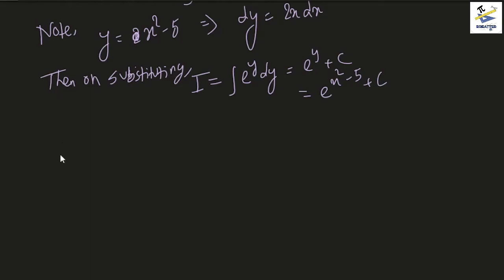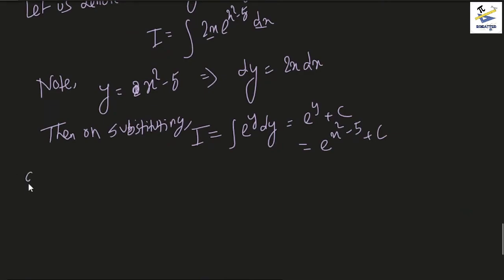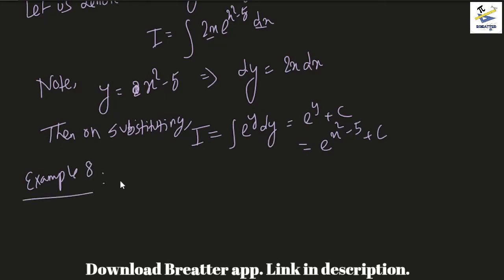So this would be example 8, right? We'll continue from example 9 in the next video. So this would be the last example for this video. Let us do this problem where we have the integral of cosine of x dx by 1 plus sine x.